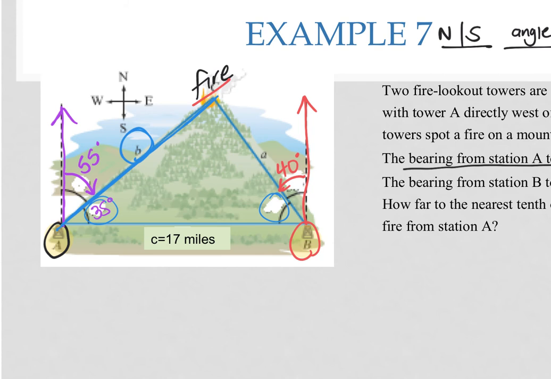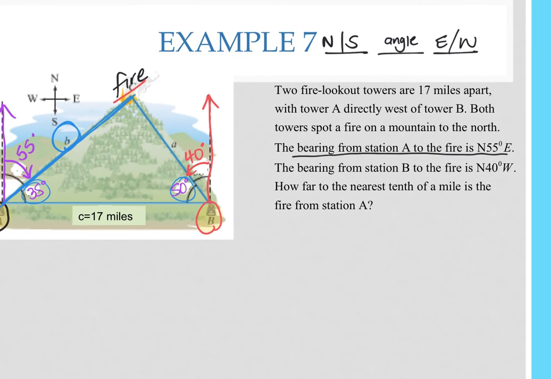And then I would do 90 minus the 40 degrees, and I'd get 50 degrees in here. Angle A is 35. Angle B is 50. We would know it's a 90-degree angle because it says they're directly west, that's my horizontal line. And then because I'm using bearings, I went north-south, and that's going to be perpendicular.